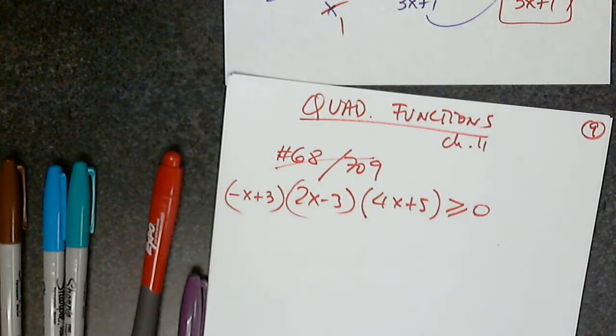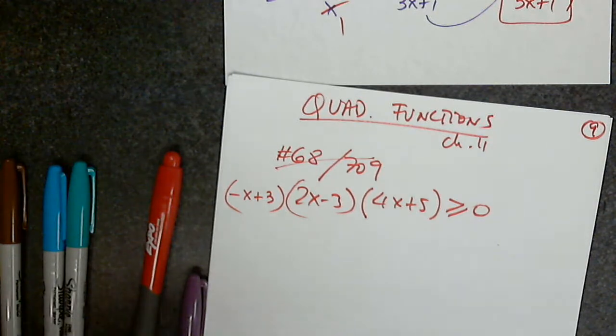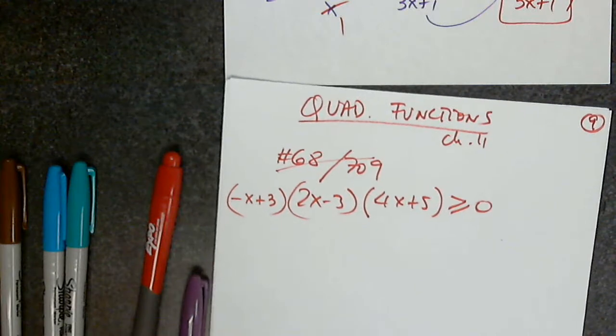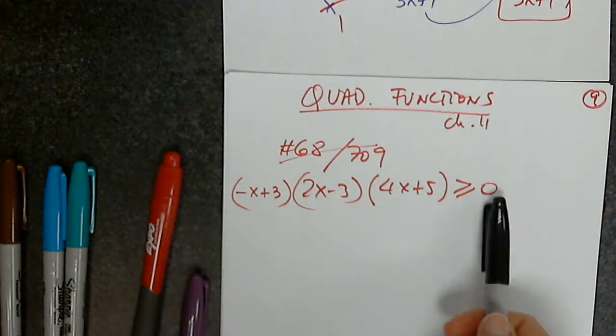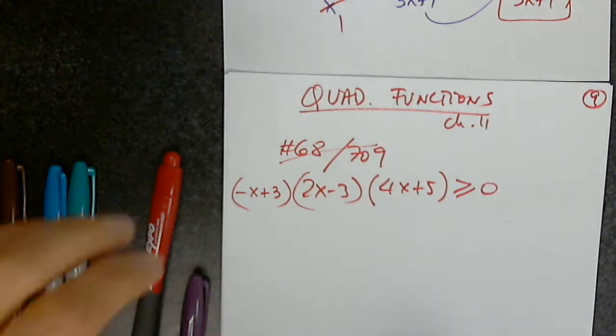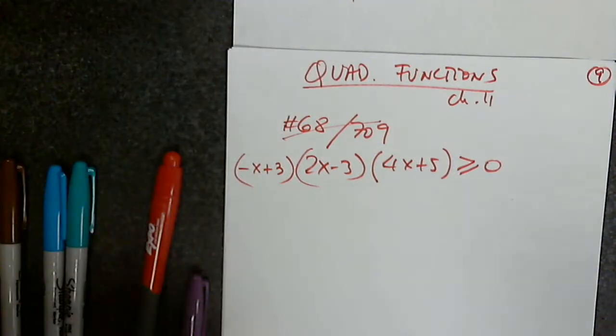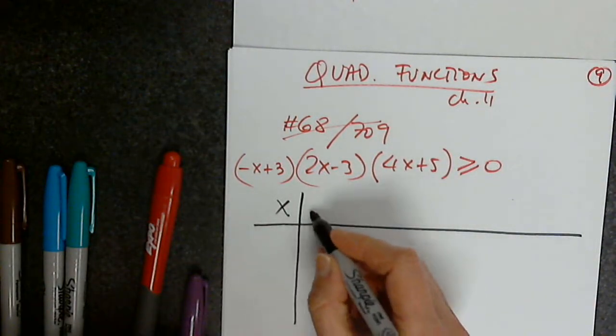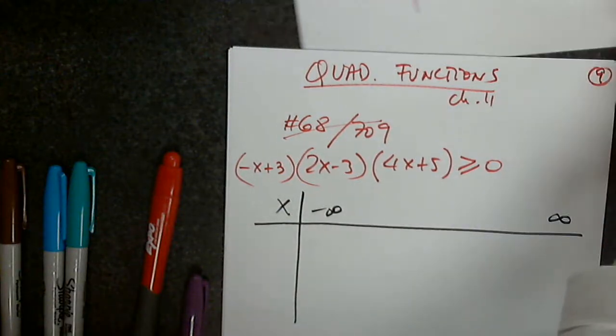What do I have to do? How do I solve this inequality? Remember, the chart that we used requires a 0 on one side and a product on the other, or a ratio of factors. We have that. I have a product on one side and I have 0 on the other. So I can start the chart. X is the variable in the problem and it can be anything.